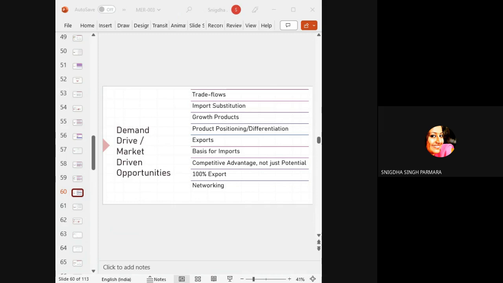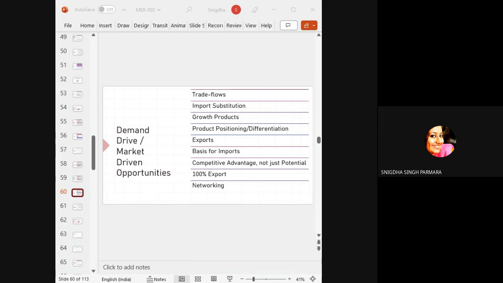People do not want to take up the responsibilities of the hassle of getting clothes stitched now. So there is a lot of emphasis given on organic products. There's lot of emphasis given on ready-made garments. There is a lot of emphasis given on biodegradable plastics. So, which are the ones that are growing products?